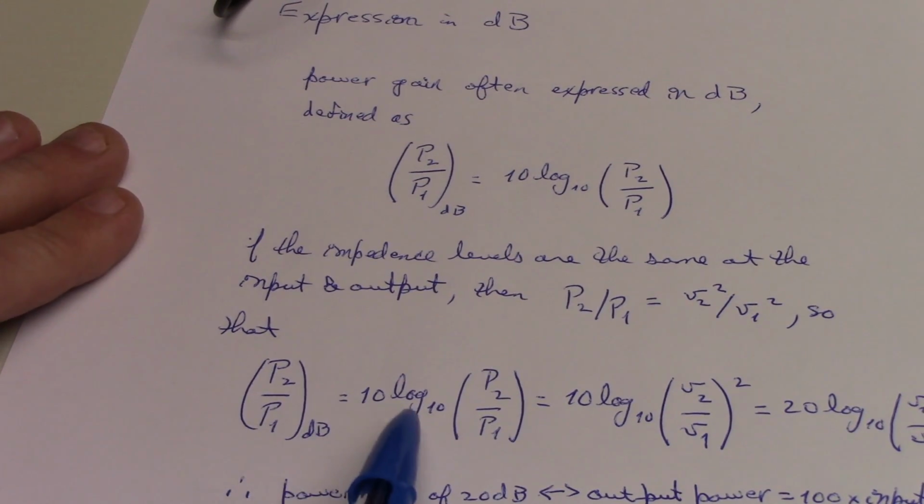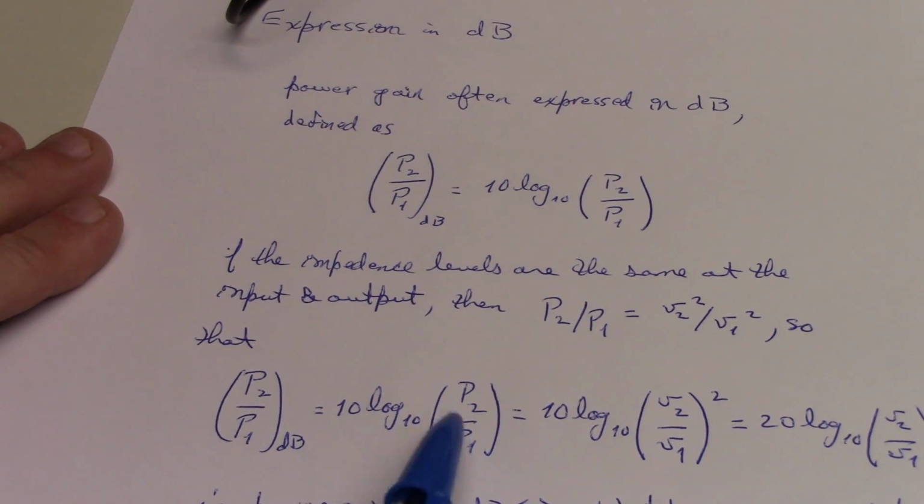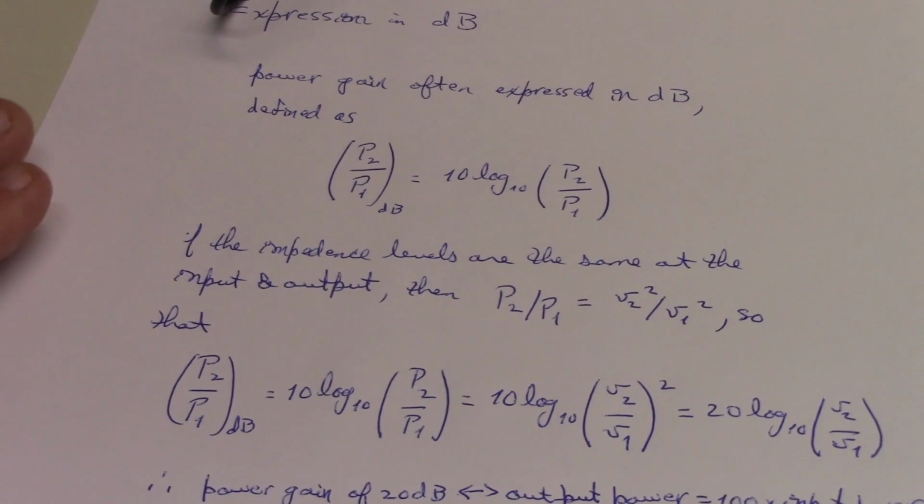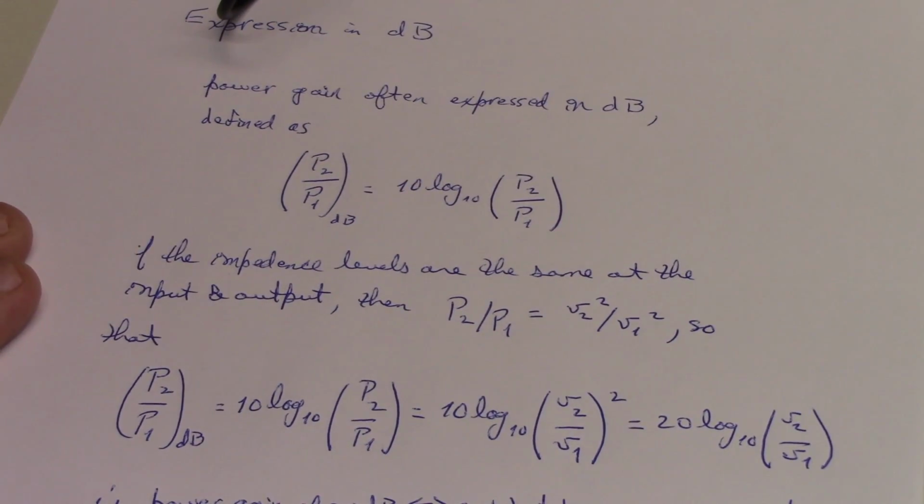The way we do that is we start with the definition of dB, 10 log base 10 of P2 to P1. But then the resistances, or the impedances, will divide out when we express the power in terms of the voltage. So we're left with 10 log base 10 of V2 over V1 squared. One of the properties of logarithms is that powers in the argument of the logarithm come down out in front.